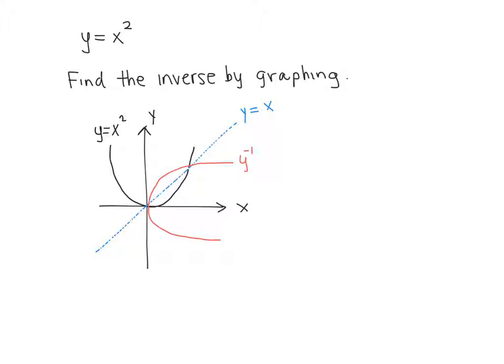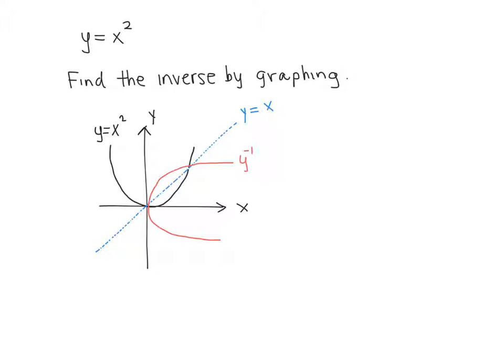Interestingly, is this a function? Does it pass a vertical line test? No, it doesn't. So this is not an inverse function. In order to make this an inverse function, we restrict the domain.